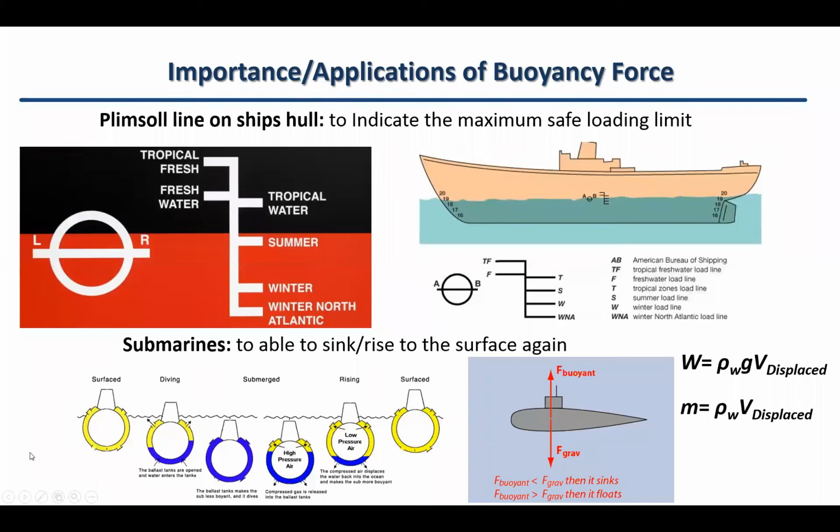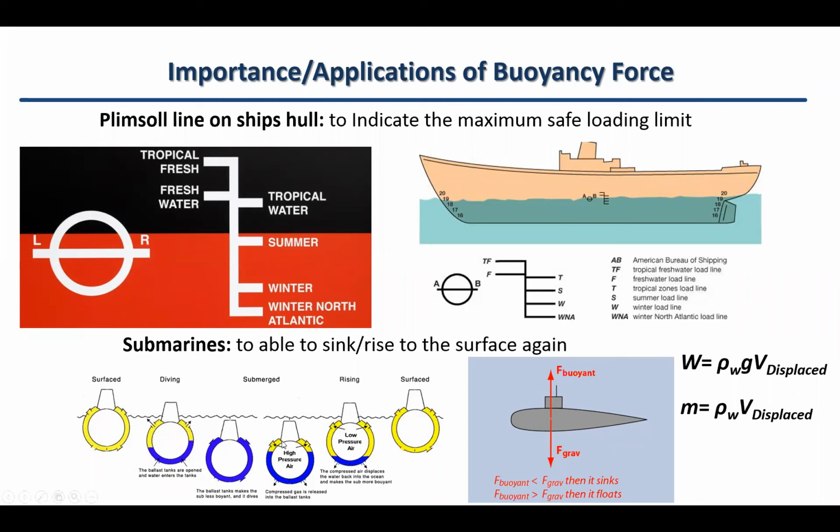But how does that work? Look at this figure, for example. The submarine has ballast tanks here. Once they are going to dive, they fill all these ballast tanks with water, and they become very heavy and go down under the water, submerged. However, once they try to come up, they have compressed gas.